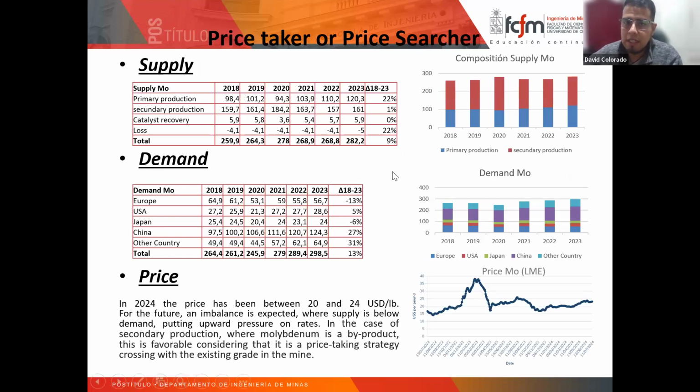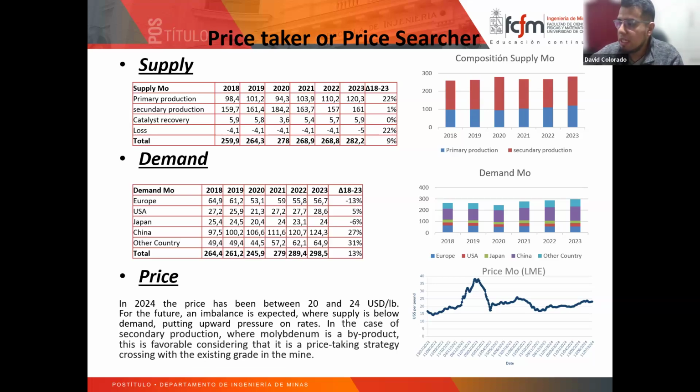Okay, price taker or price searcher. Well, with this graphic, in summary, we want to say that in the last years, demand has been more than supply, and that has put upward pressure on prices.